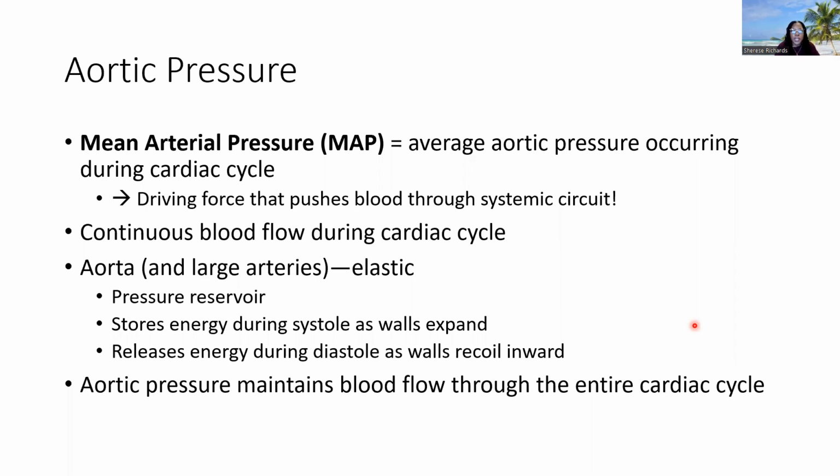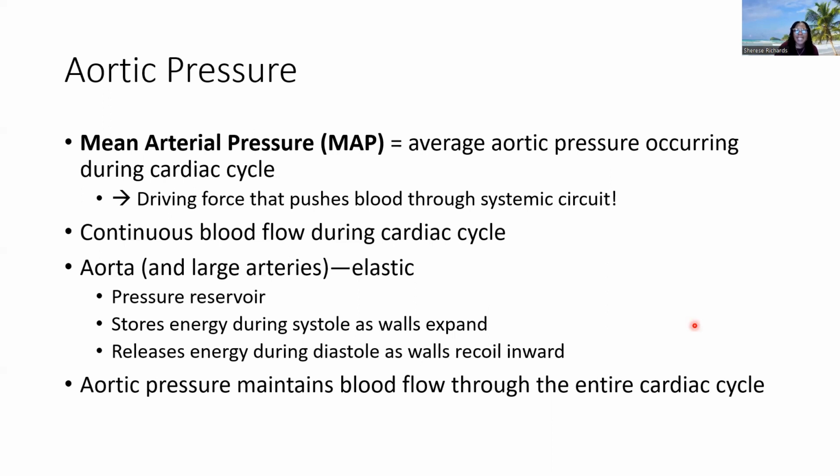It's going to be a continuous blood flow through the entire cardiac cycle. And if we look specifically at the aorta, which is our large elastic artery, the aorta is going to act as a pressure reservoir so that the pressure is never really dropping to zero. We can capture some of that pressure in the elastic walls of our aorta.